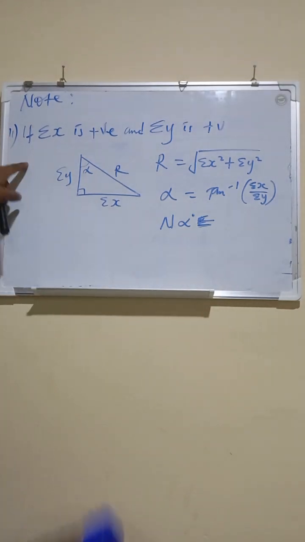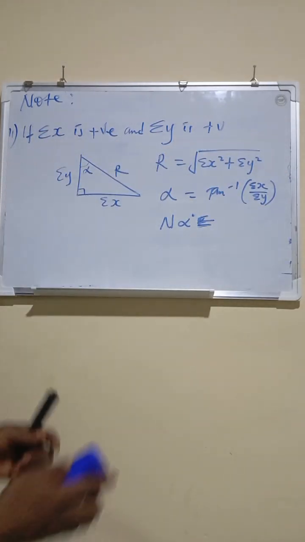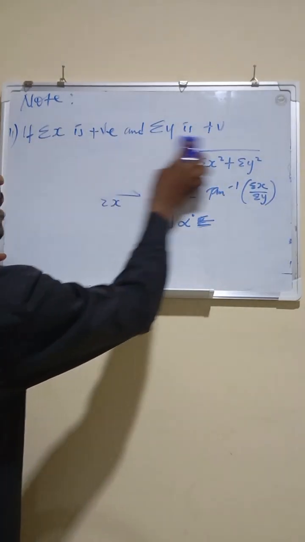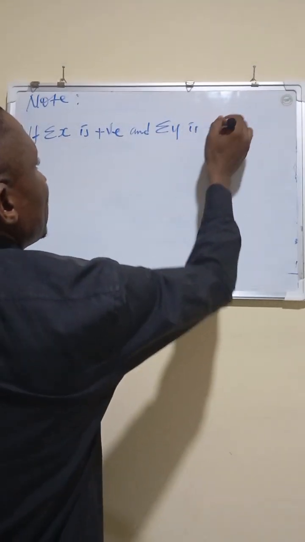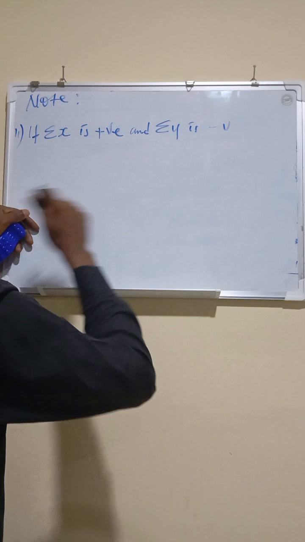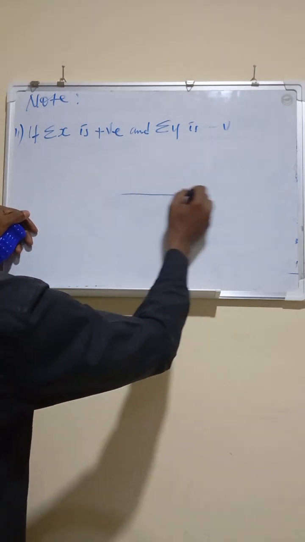Now, this is when both are positive. Now, let's check when y is negative. When y is negative, it will go this way, meaning that x is positive.